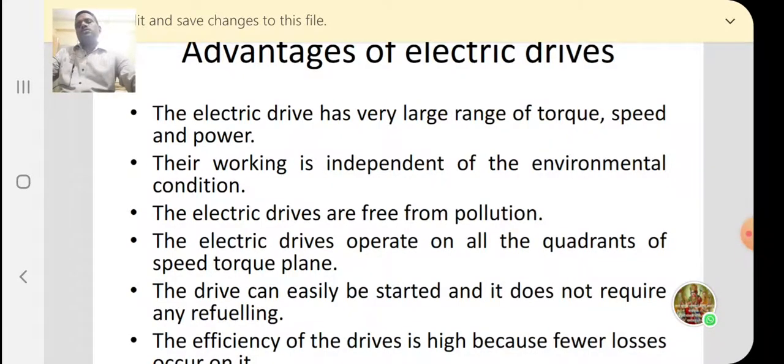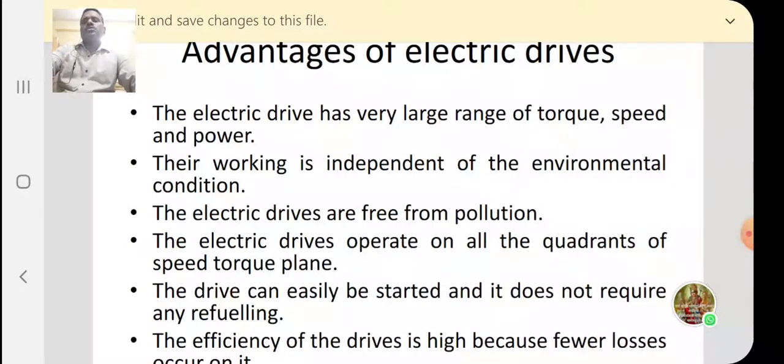And third, electric drives are free from pollution, and they operate in all the quadrants of the speed torque plane. This type of quadrant we will discuss in the next topic.